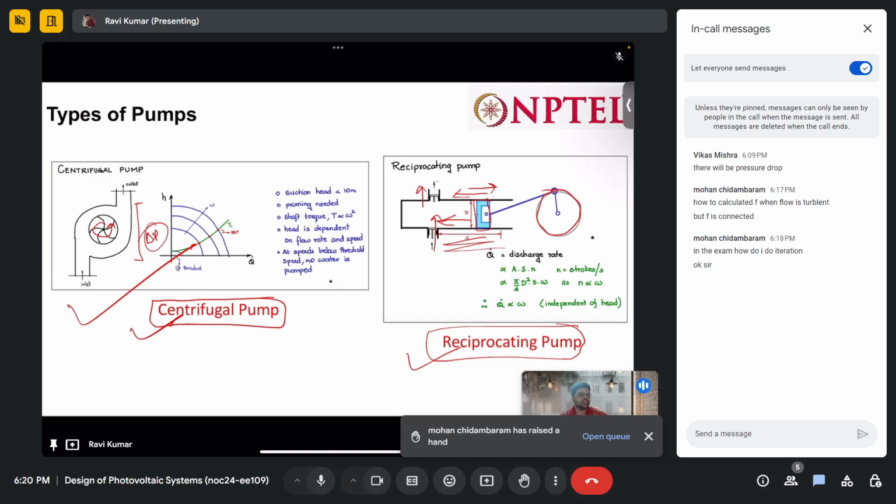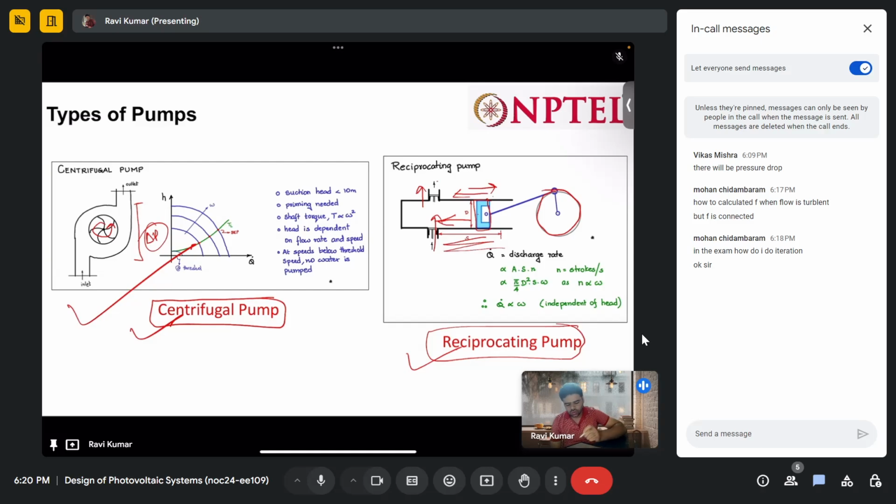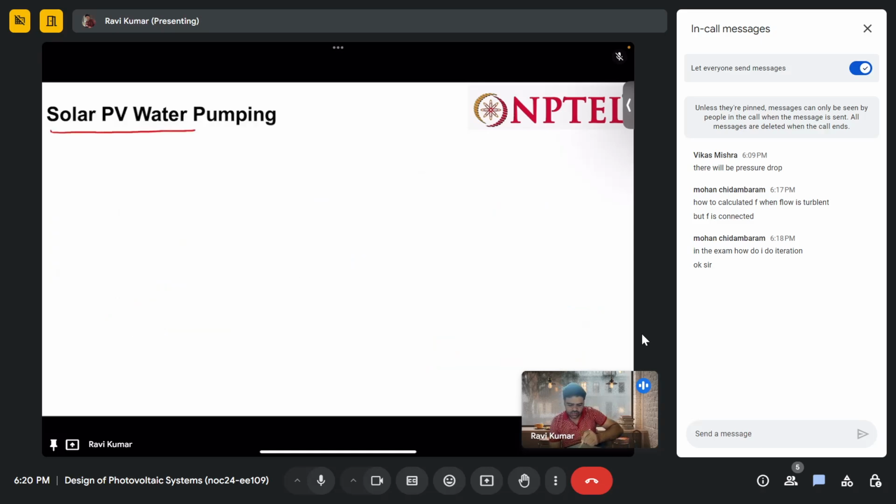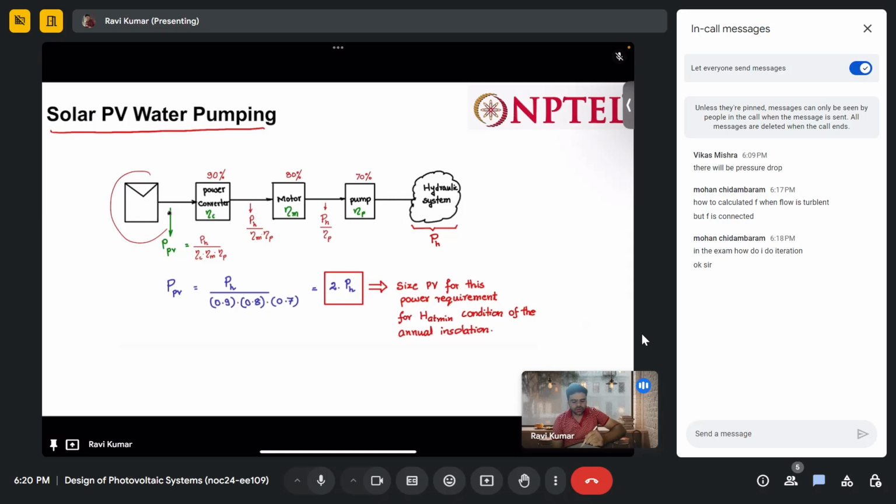Okay, so it is all about water pumping and how we calculate water head. So how do we integrate this with the solar PV water pumping system? We have our solar PV system, then we use a DC-DC power converter, then we connect a motor, which is connected to the pump, and this pump becomes a hydraulic system. Hydraulic system means pump, piping and all.